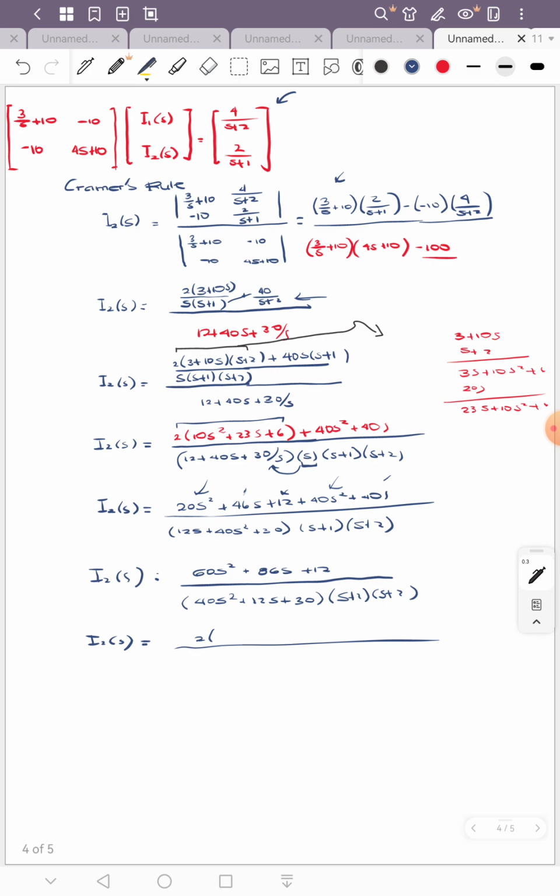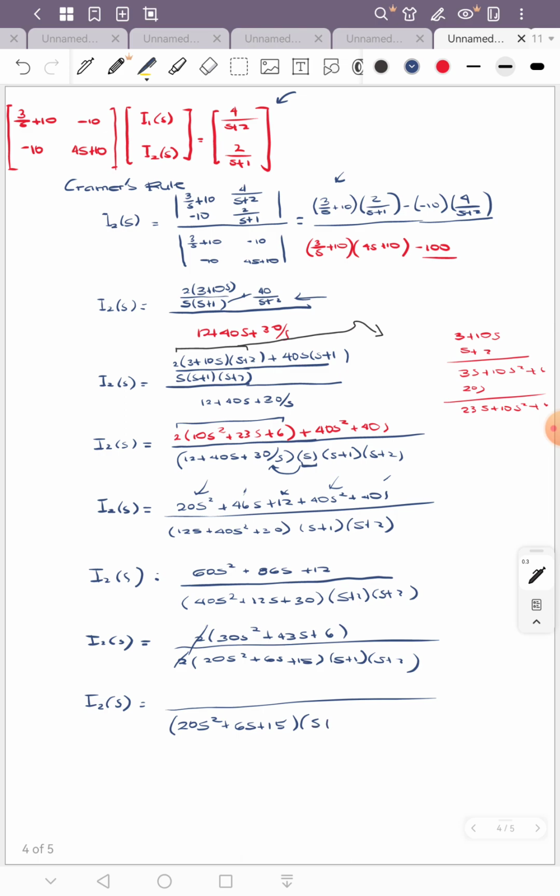So 60 divided by 2 is 30S2 plus 43S plus 6 for the numerator, and the denominator is 20S2 plus 6S plus 15, times S plus 1, S plus 2. Finally, I2 of S is equal to 30S2 plus 43S plus 6 over 20S2 plus 6S plus 15 times S plus 1, S plus 2.